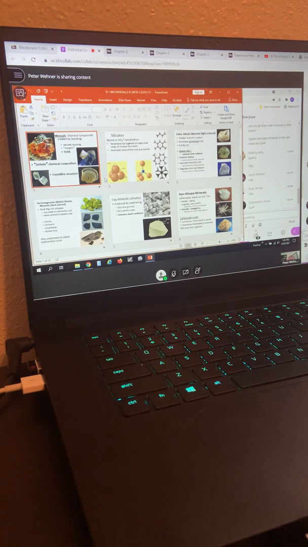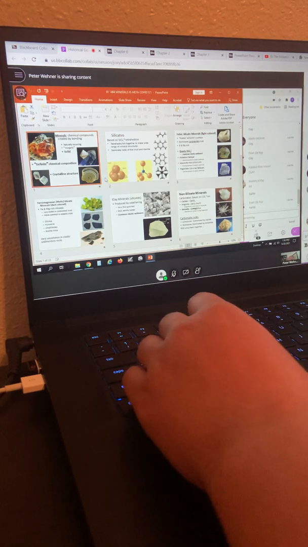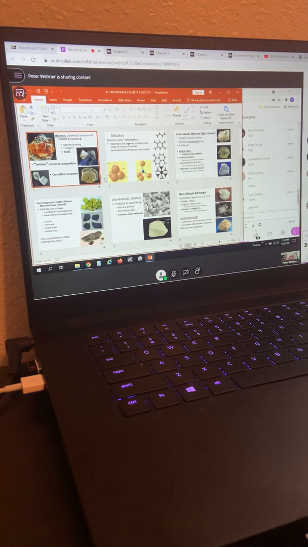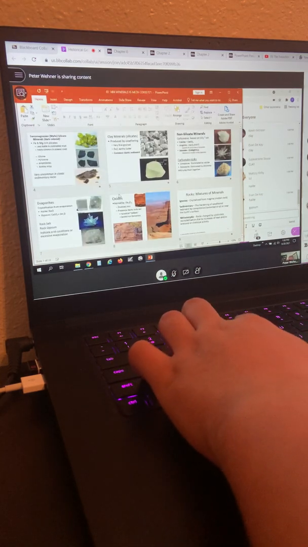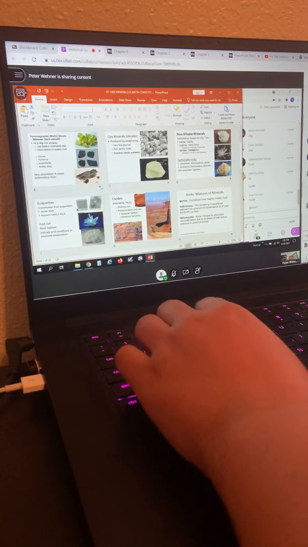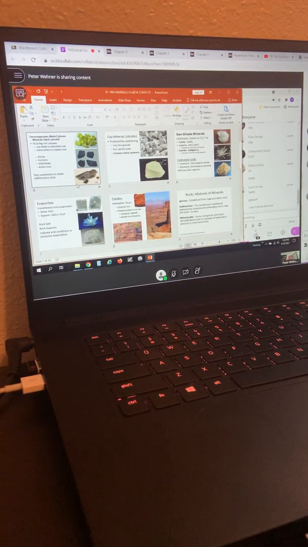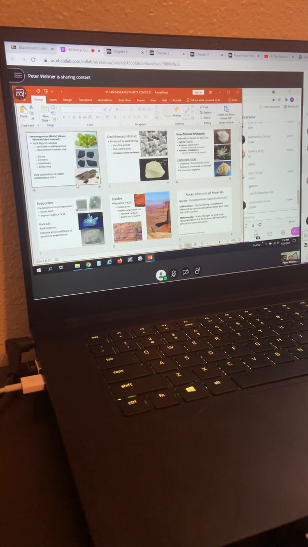If I say rock salt or rock gypsum, what mineral? If I say chert, what mineral? Think about it. Yeah, quartz. Remember, it's microcrystalline.